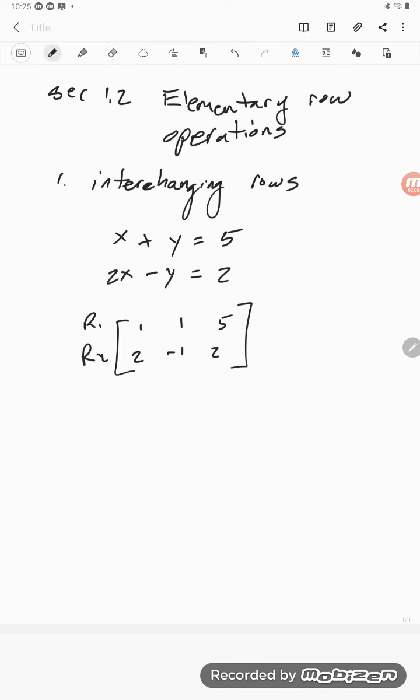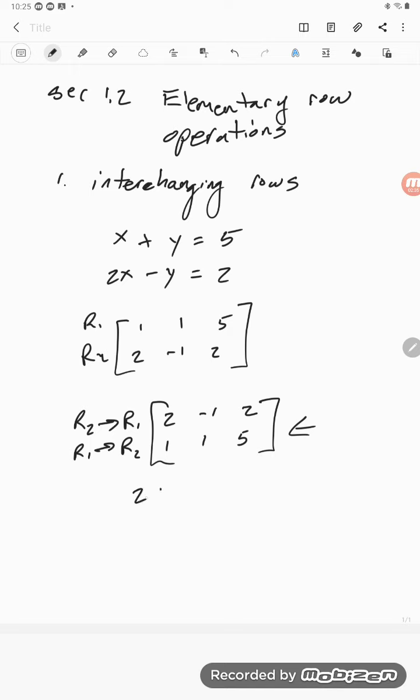The book uses the double arrow, but let's say row 2 goes to row 1 and row 1 goes to row 2 in this new one. That's 2, negative 1, 2, 1, 1, 5. But now the interpretation is that this augmented system is 2x minus y equals 2 and x plus y equals 5.